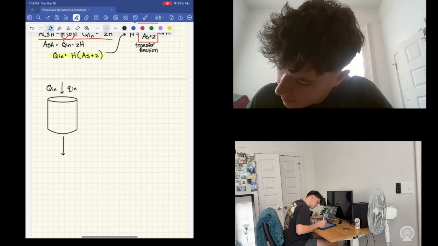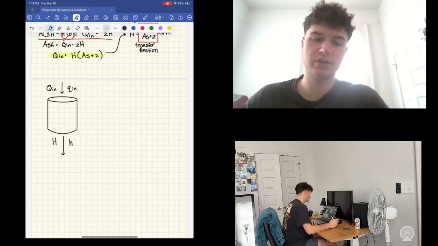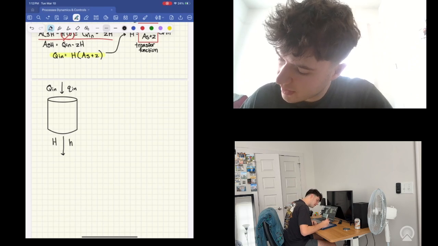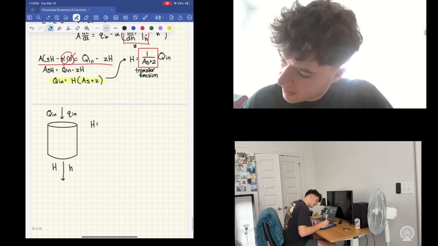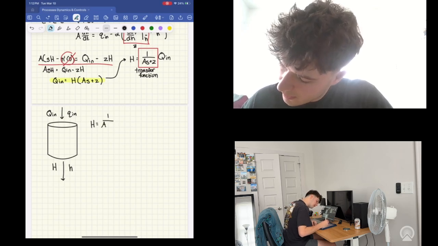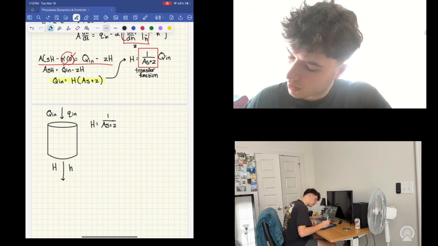And then coming out the bottom, we will have h and uppercase H. And now to get our equation from this value, we will have our large H is equal to this part where we have right here 1 over as plus z. And then we also need our Q value, which is 1 over s.